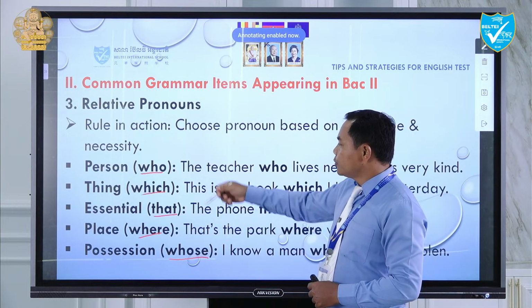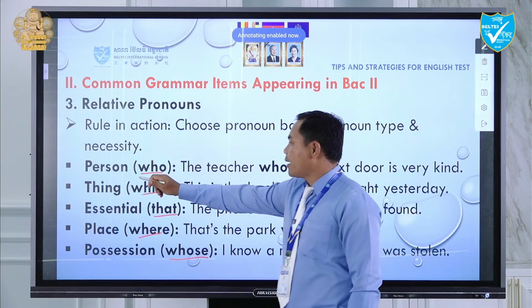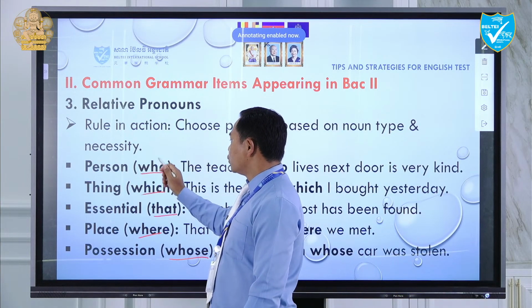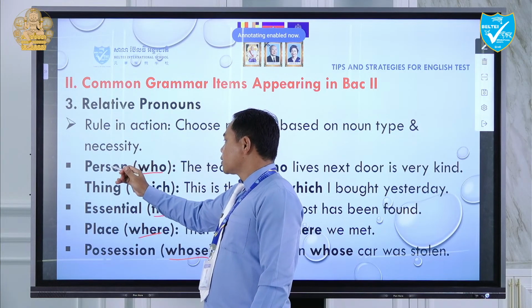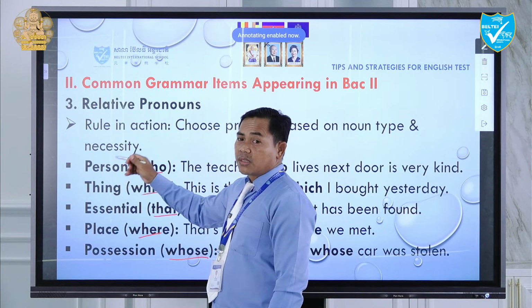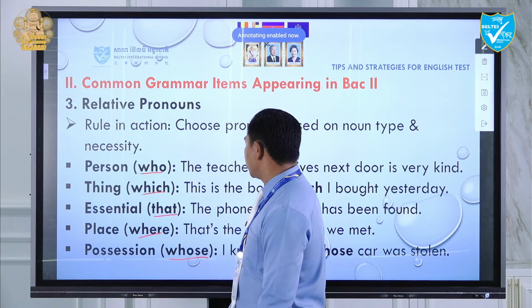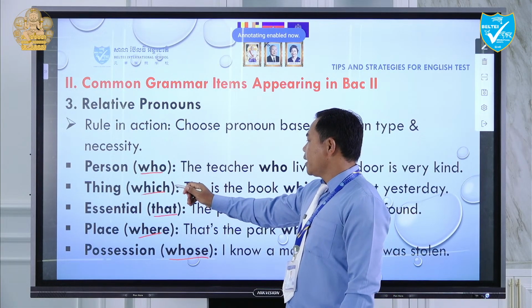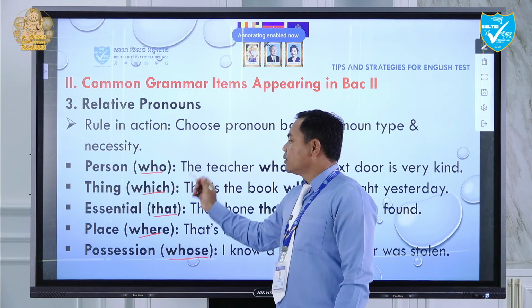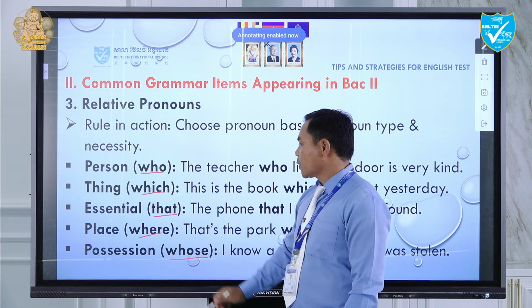And in order to make sure that you choose the correct answer, first you have to understand who. Who we use to describe a noun as a person. Which we use to describe a noun about a thing.